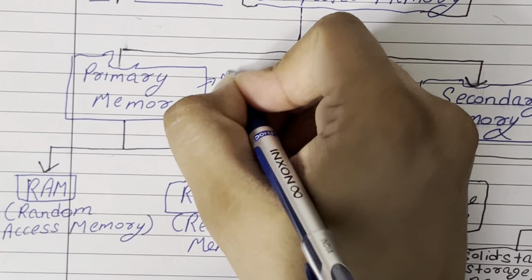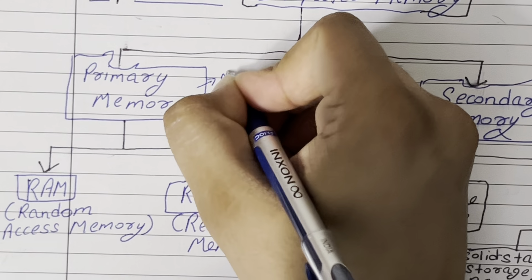Now, we should know why we call primary memory the main memory. As we know, it is commonly referred to as main memory because it serves as the principal storage area where the processor performs all the computing operations.